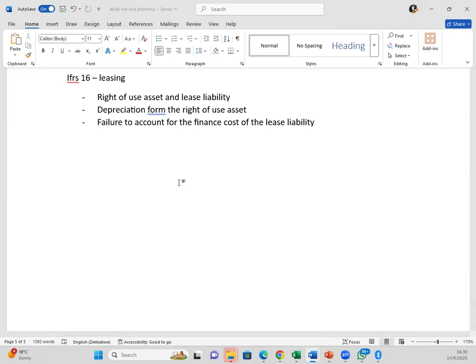Then we are done with the key standards I wanted to mention. Let's move on. So we said if you're identifying an audit risk, get a case from the question, which is the risk indicator.